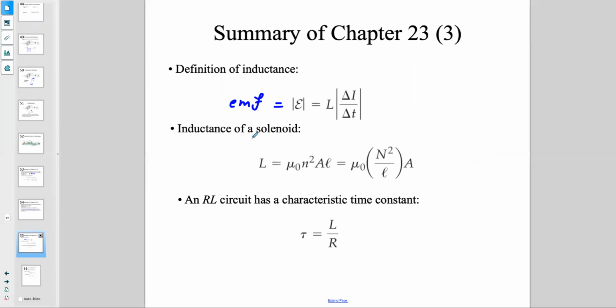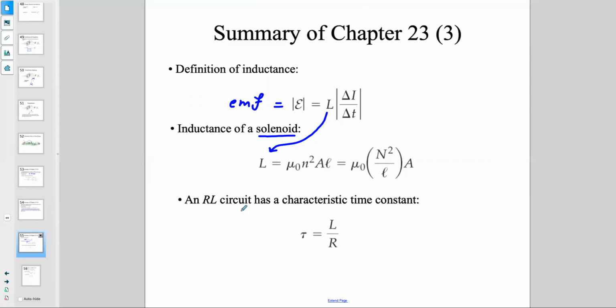And then the inductance of a solenoid, L for the solenoid, is μ0 n² A l. μ0 n² is just capital N over l, and then this l will cancel out, so you have μ0 N² A over l.